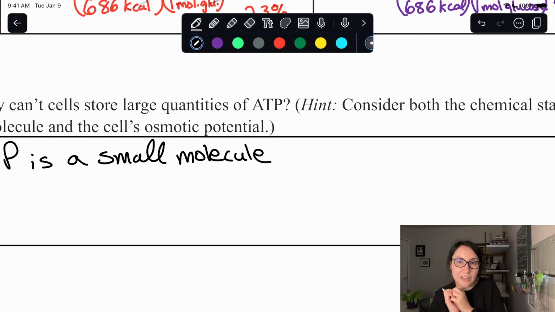So the thing that it creates is also pretty much going to be small. But that's not the biggest factor here. It's more about, because it's so small, it can put so much energy with it.